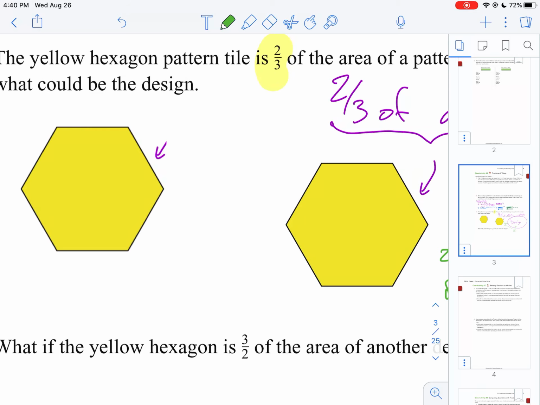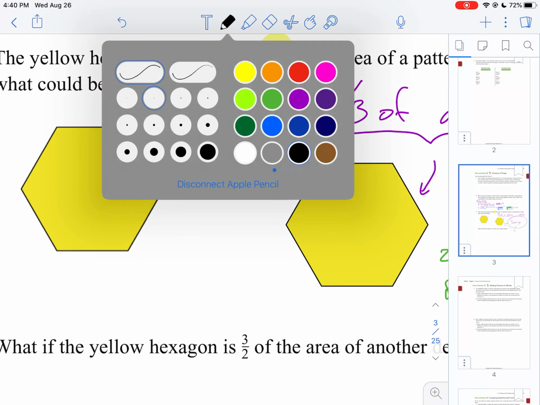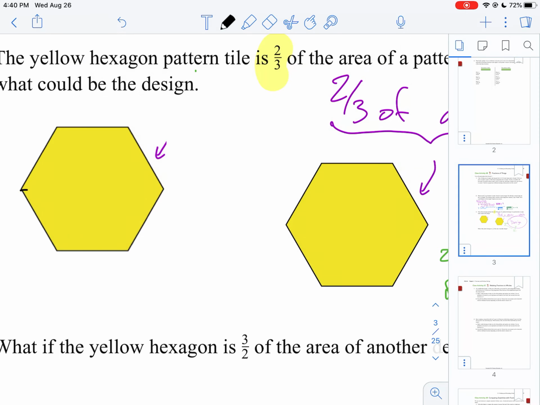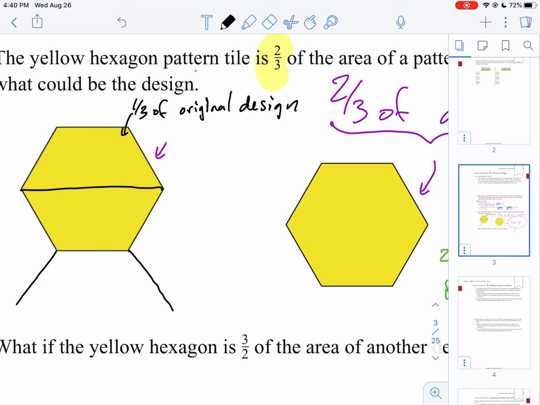So if this is 2/3, so this is 2 parts, and these are each a third of the original design, then we need 3/3 to get the original design. So there's a lot of ways you could draw this. I'm just going to put another trapezoid down here.